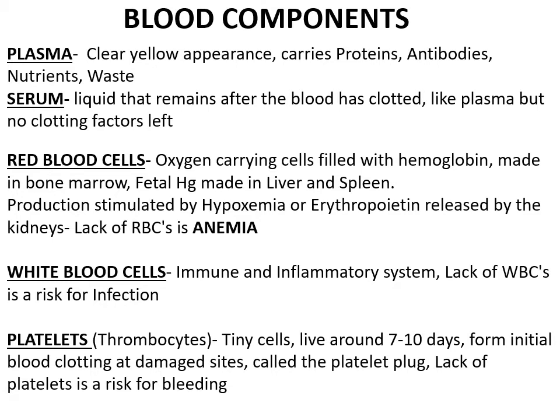What stimulates red blood cell production? Typically hypoxemia, right? Or release of erythropoietin in the kidneys. And a lack of red blood cells or a low number of red blood cells in the circulation is called anemia. And we're going to talk about a variety of different types of anemia later in this module.